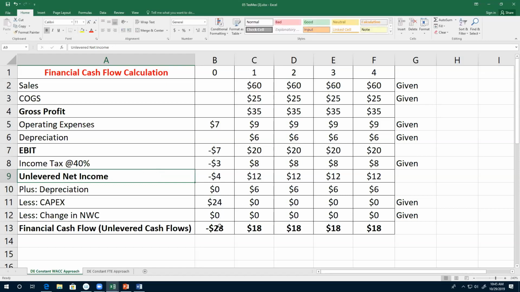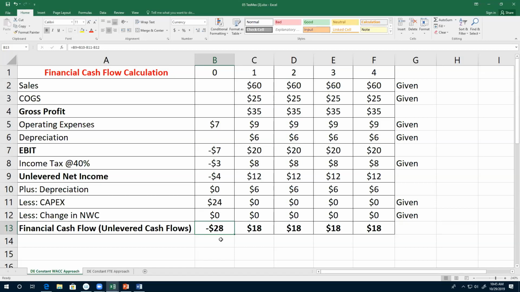My main point is that getting to financial cash flows is basically taking your unlevered net income, adding depreciation, subtracting CapEx, subtracting any changes in net working capital, which is basically the very definition of financial cash flows. So I hope that you don't have any particular problems following this math to arrive at the financial cash flow. So when I say the financial cash flows for this project are shown, this is basically what I mean.